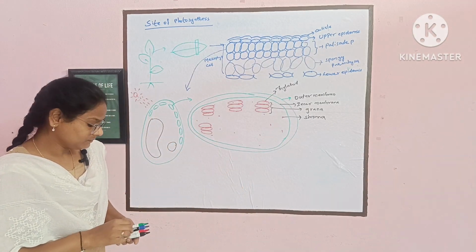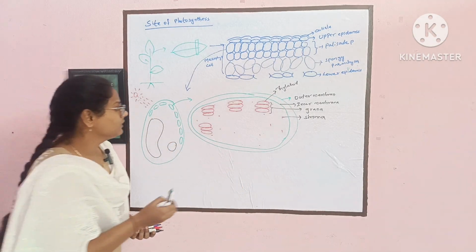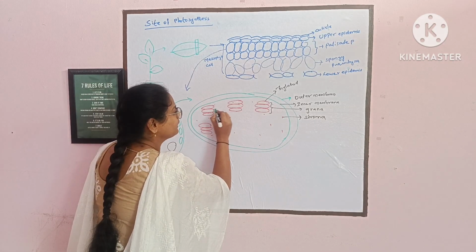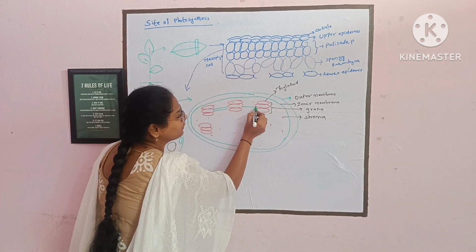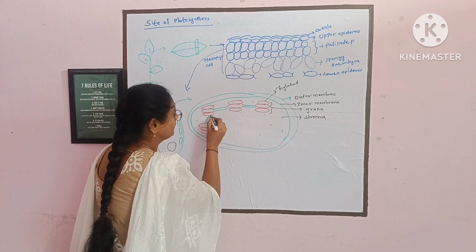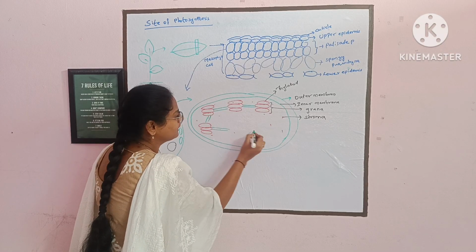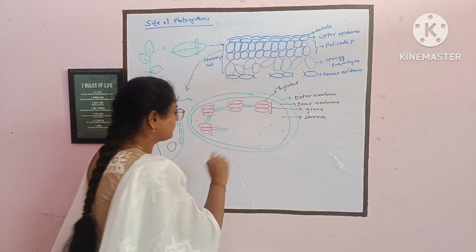Now grana are connected by stroma lamellae. Grana are connected by stroma lamellae.